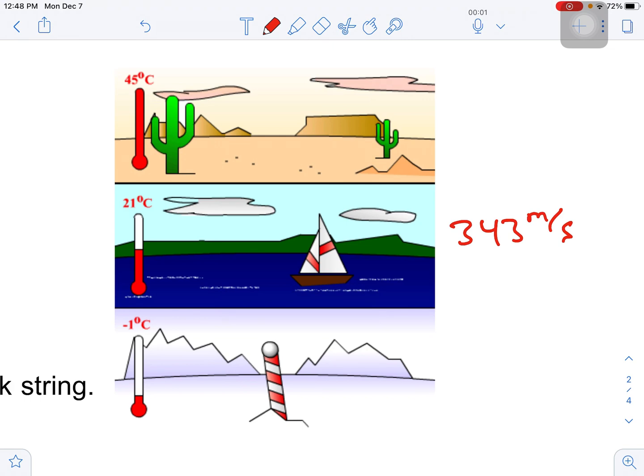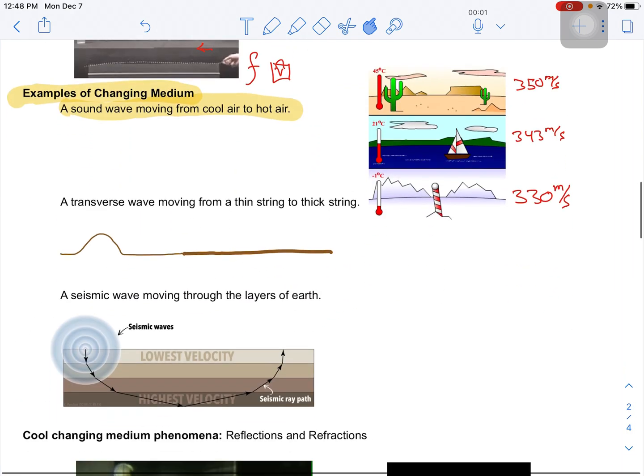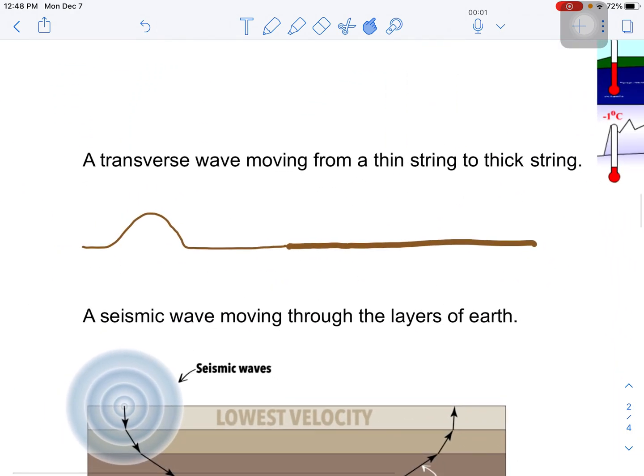If you're really hot in the desert, it's going to travel faster. There they are at the North Pole. It's a lot colder, so the sound is going to travel slower. I don't know if those numbers are accurate, but you get the idea. The temperature affects the air molecules, so you get a faster or slower sound wave through those mediums.